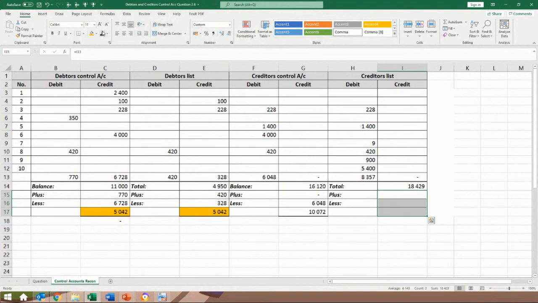We would do exactly the same with the creditors listing. Then we would compare the creditors control account with the creditors list, and you'll see they're exactly the same. There is no difference. So that is the last step. That's how we know we have reconciled the information correctly.